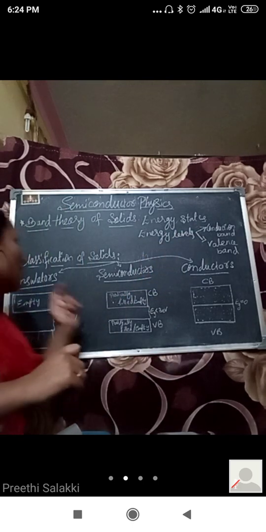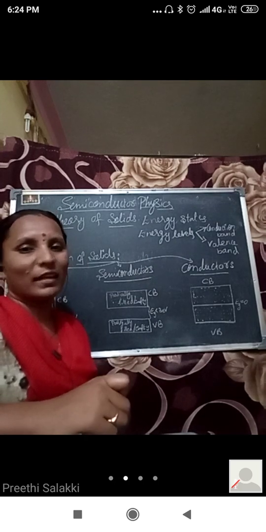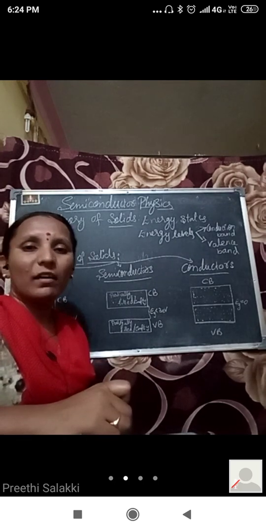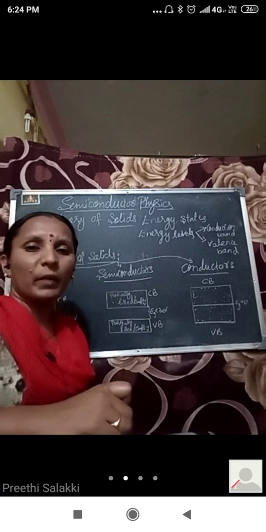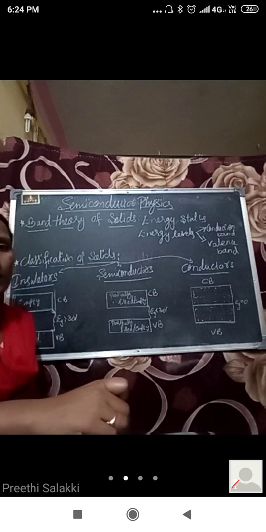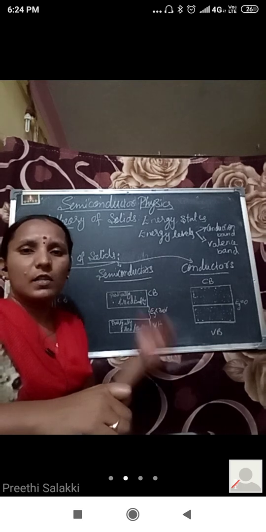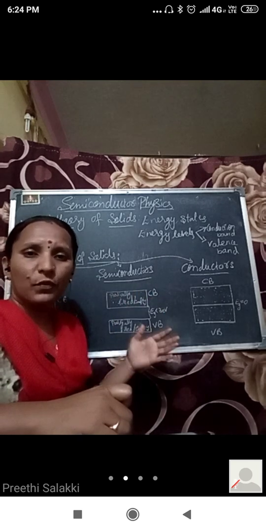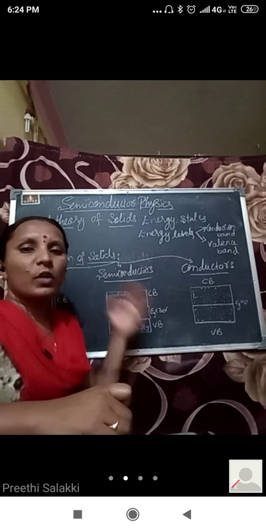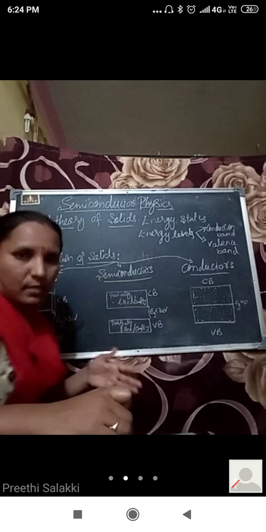The next is the classification of solids on the basis of this band theory. This band theory explains that solids are categorized into three groups: insulators, semiconductors and conductors. You learned the classification of insulators and conductors in your lower classes.